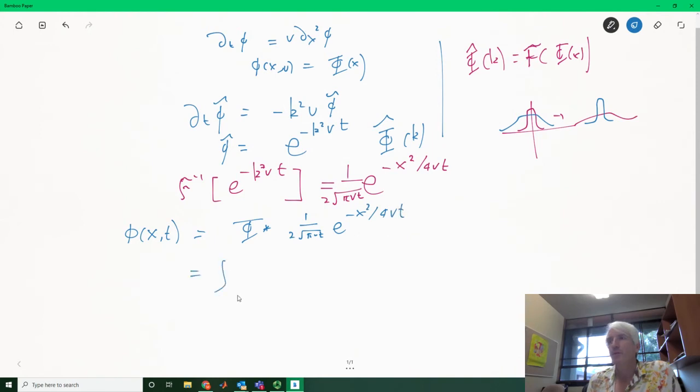So that is the integral from minus infinity to infinity of phi of y, times this constant which just depends on the time, times e to the power of minus x minus y squared over 4 nu t, dy. So there's the solution to phi.